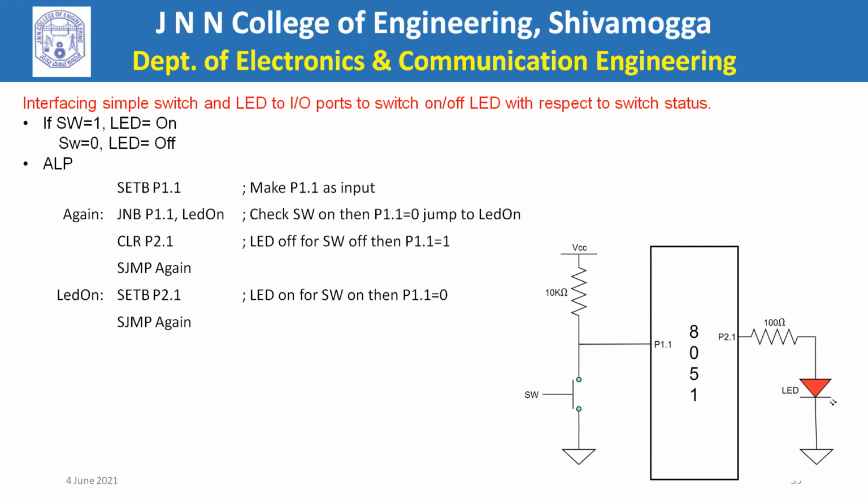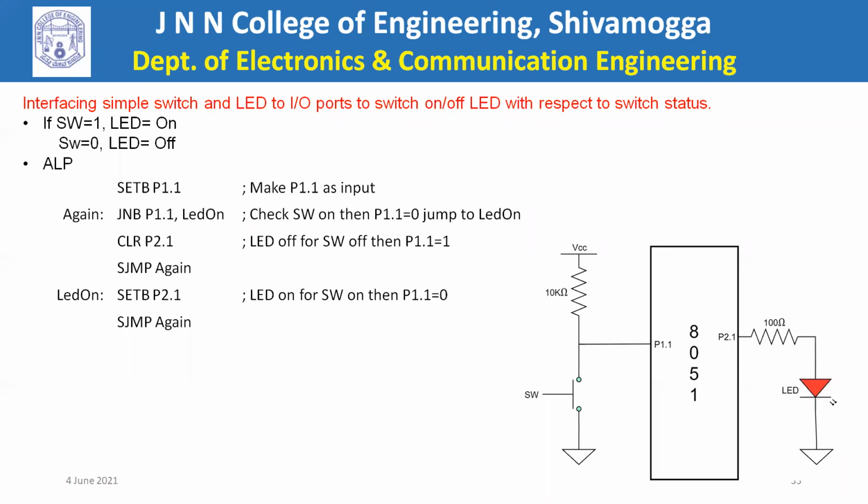So you are reading it with JNB P1.1. Whenever P1.1 is equal to 0, it means the switch is on, because it is connected to ground.